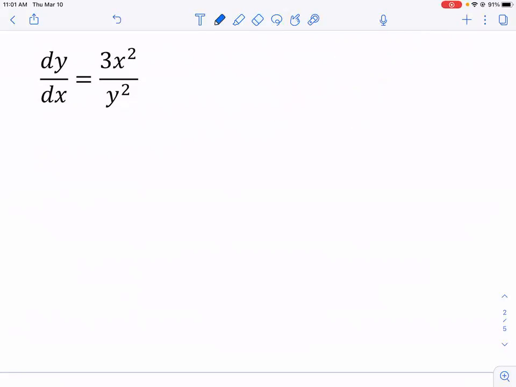How do you suppose we could go about doing that in this case? Ooh, we can cross multiply. So we have y squared dy equals 3x squared dx.